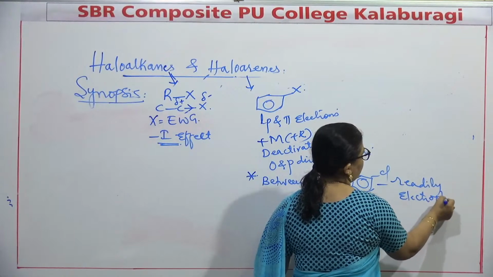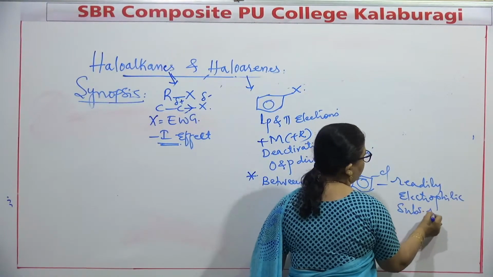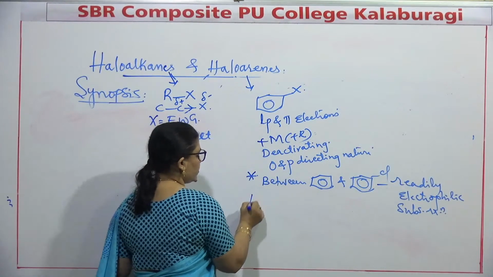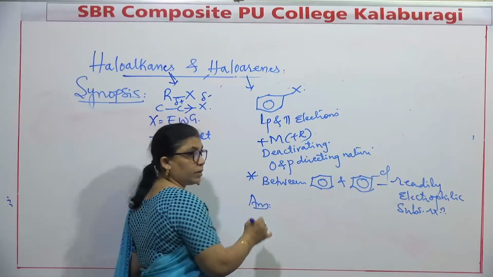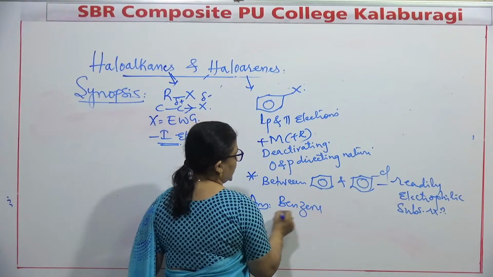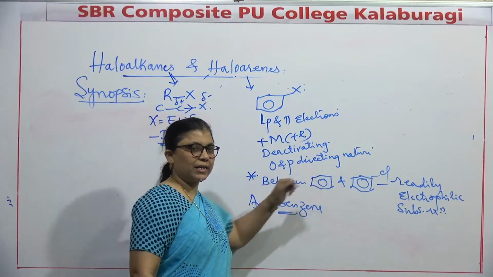The answer is benzene. No doubt chlorobenzene is ortho-para directing in nature.